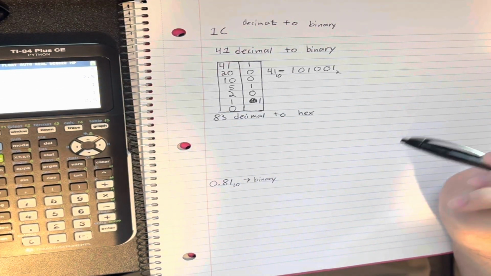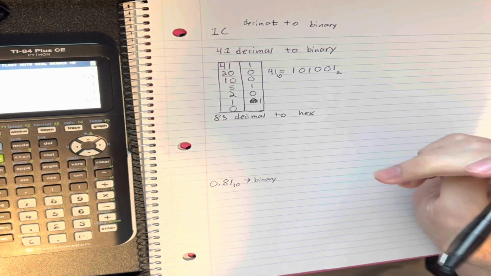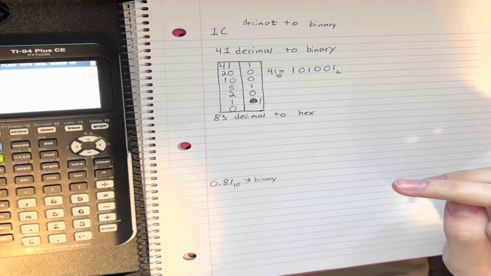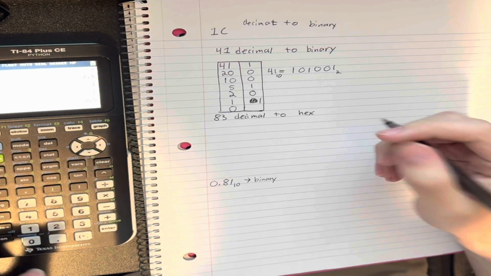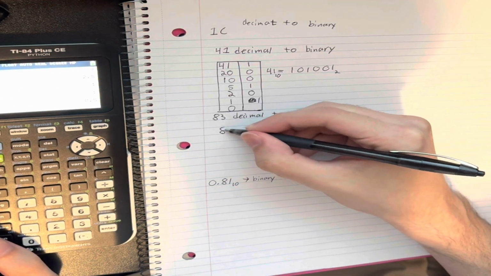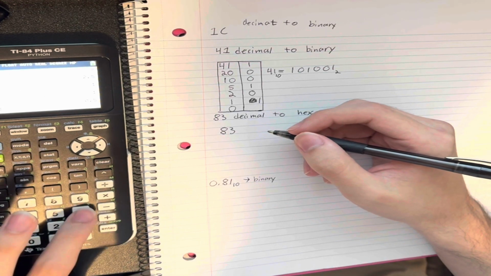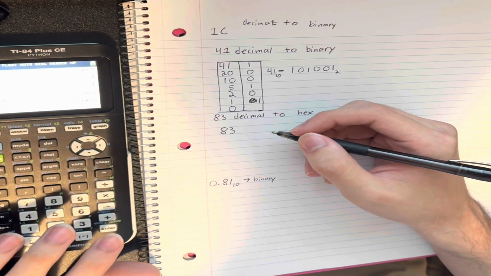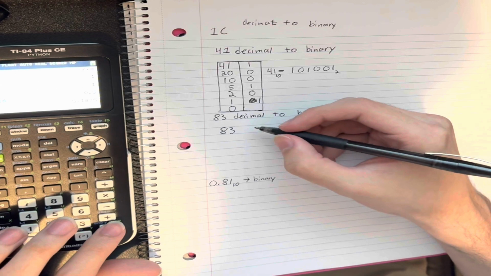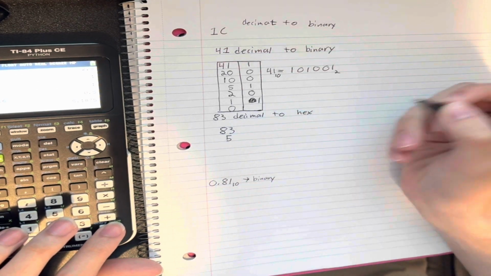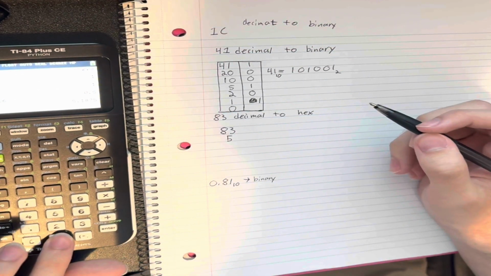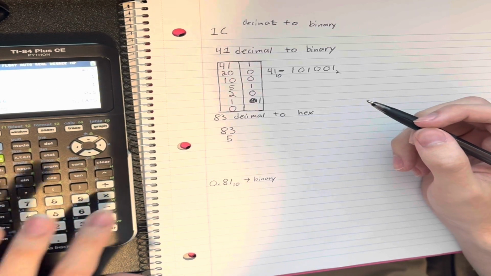Now, 83 decimal to hex. We do the same thing. 83 divided by 16 is 5, with a remainder of 0.1875.